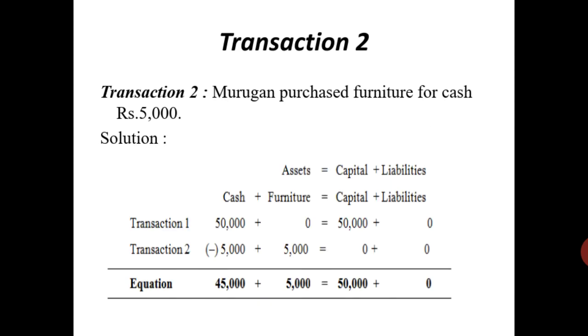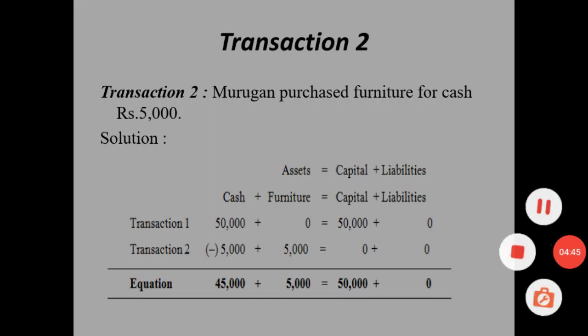Transaction 2. In the same company, Murugan purchased furniture for cash rupees 5,000. You can see here the effect of the transaction is that cash is reduced by 5,000 rupees, but a new asset of the same amount has been acquired by the firm. So furniture will increase on the asset side.